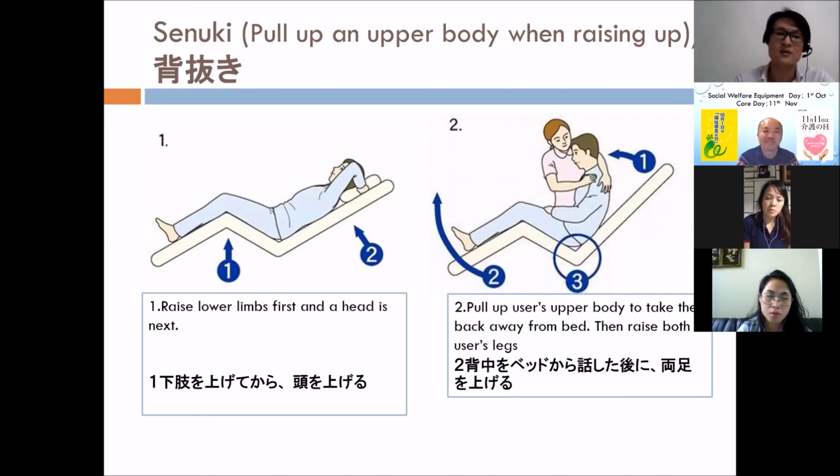After that, raise the upper body. Number two, pull up the user's upper body to take the back away from the bed. That is senuki. Then lastly, raise the lower limbs higher.